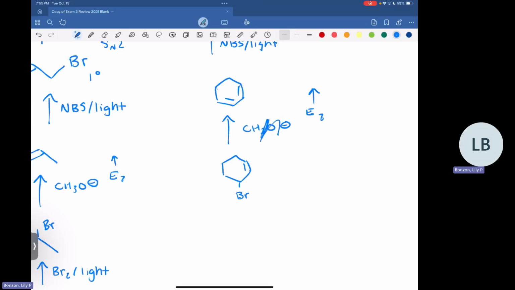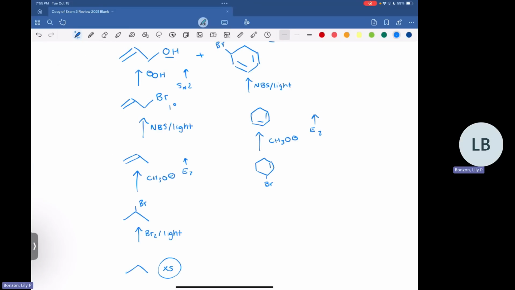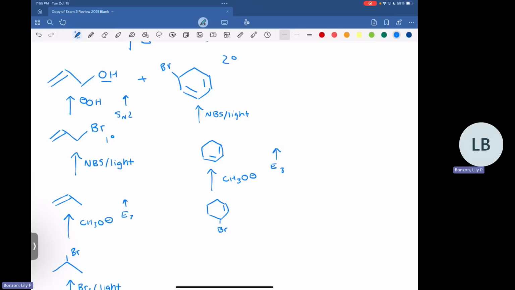It doesn't have to be. Just watch out and make sure the one that you're using will form the product that you desire, which is kind of an obvious statement. But just remember that if it's small, it'll do the more substituted. If it's bulky, it'll do the less substituted.